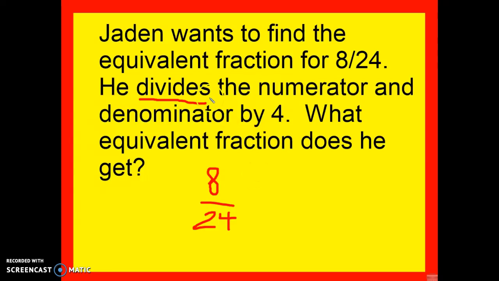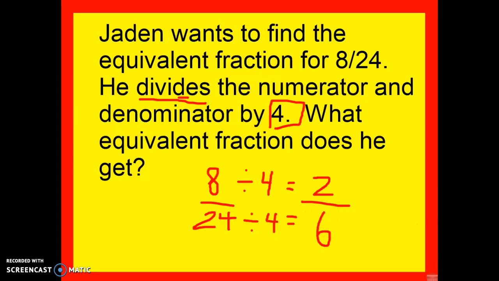And he's dividing the numerator and denominator by 4. So 8 divided by 4 equals 2. And 24 divided by 4 equals 6. So this shows that you can find equivalent fractions with multiplication and division. So the equivalent fraction Jaden was looking for, he got 2/6, is equivalent to 8/24.